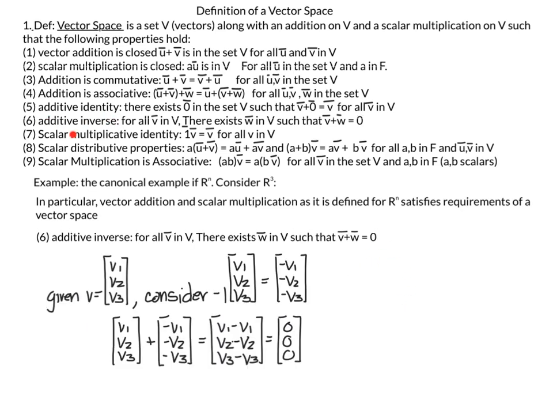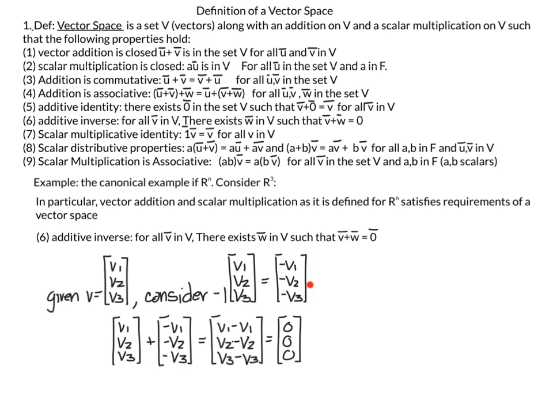Our next property is additive inverses. So for all vectors v in the set V, there exists a vector w in V such that the vector v plus the vector w equals our 0 vector. Given a vector v, which I have written as v1, v2, v3, let's consider our scalar negative 1 times v, which is equal to negative v1, negative v2, negative v3.